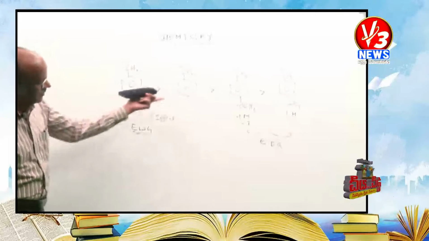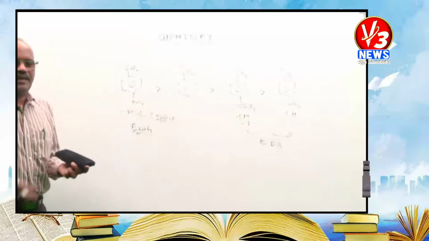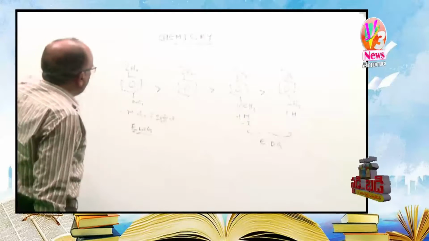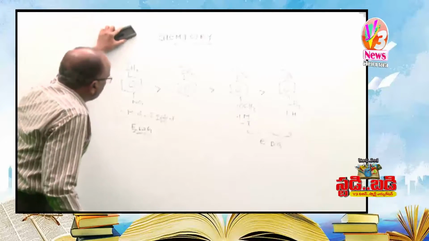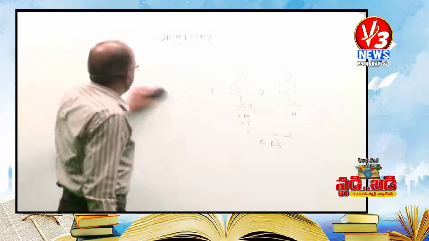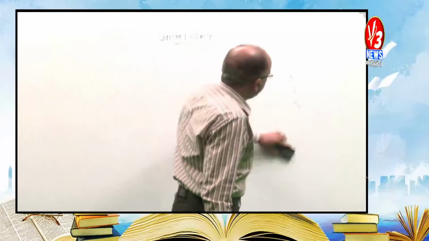So, from the entrance exam point of view, stability of carbocations, carbanions, and free radicals is important. Now, we will see free radicals.